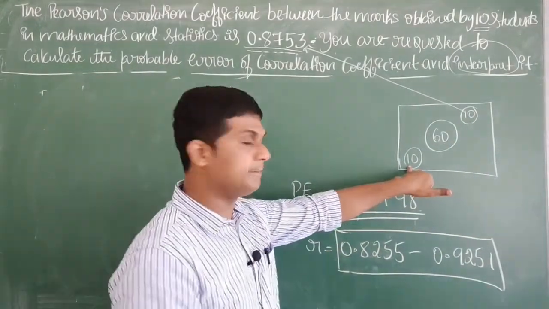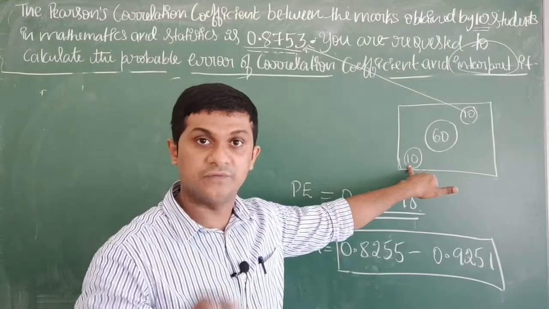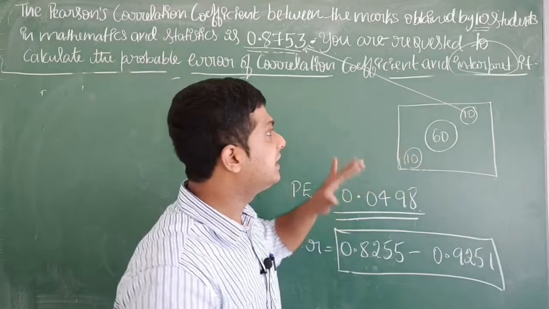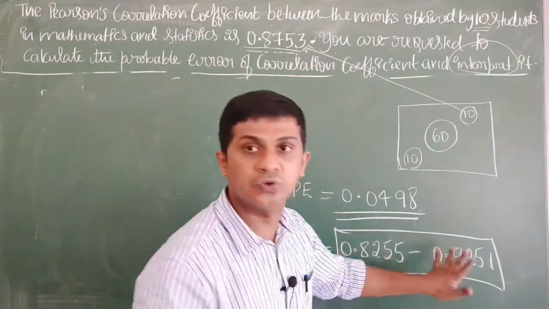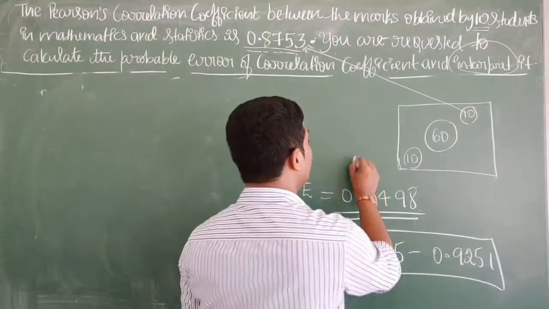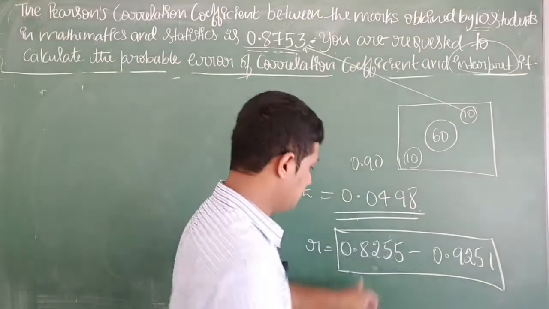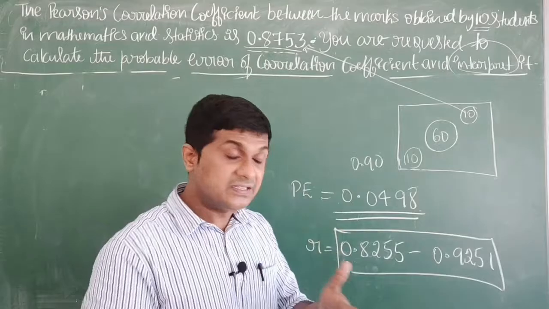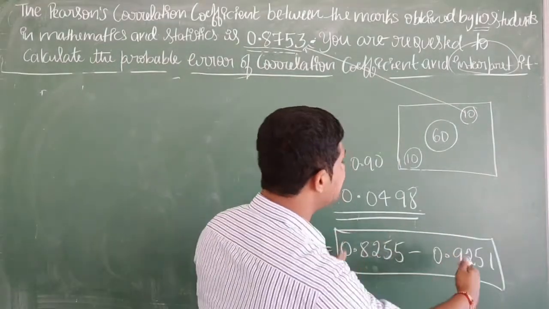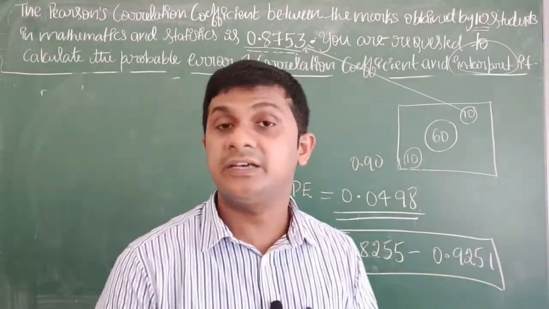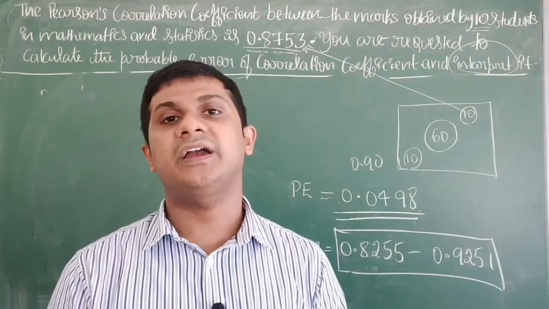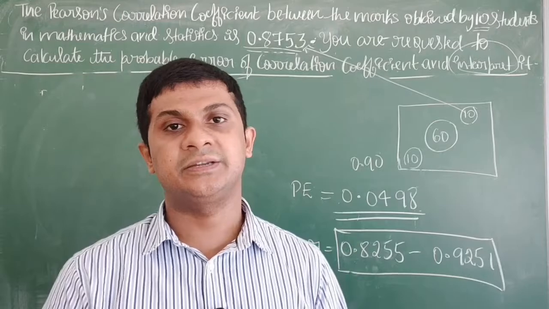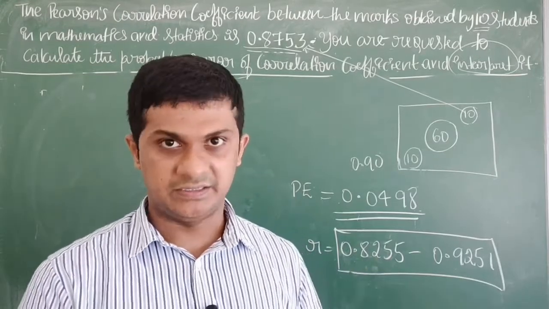For example, if I calculate the correlation coefficient again, the value could be 0.90, which again comes in between these two range of values. So there is more chance the value lies in between this interval estimation. That's why we have to calculate probable error, and then we have to calculate interval estimation to interpret the results.